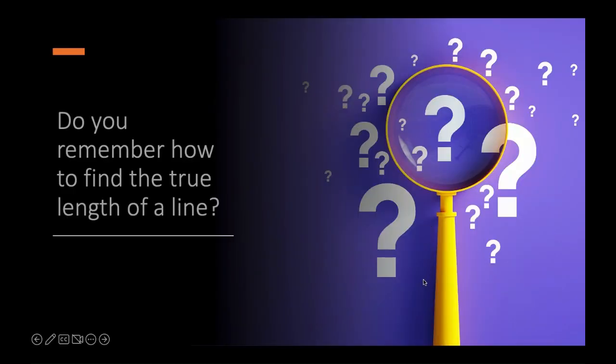All right. Now, do you remember how to find the true length of a line? We determine the true length of a line by using three geometric methods. One, we can use triangulation. Two, we can use auxiliary. Or three, we can use the rotation or revolving method.